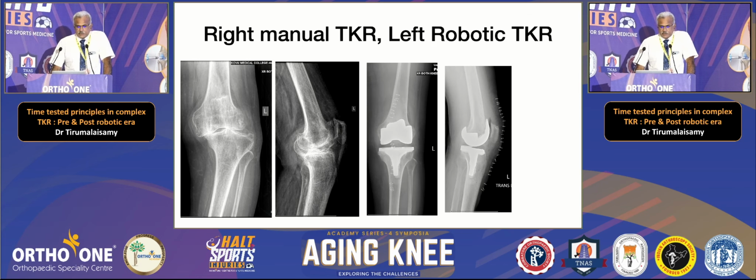In this situation, I used a regular mechanical alignment on the right side with a hinged knee and robotic kinematic alignment on the left knee to reduce the amount of blood loss as well as soft tissue injury on the left side, so that the patient is benefited in this particular situation.